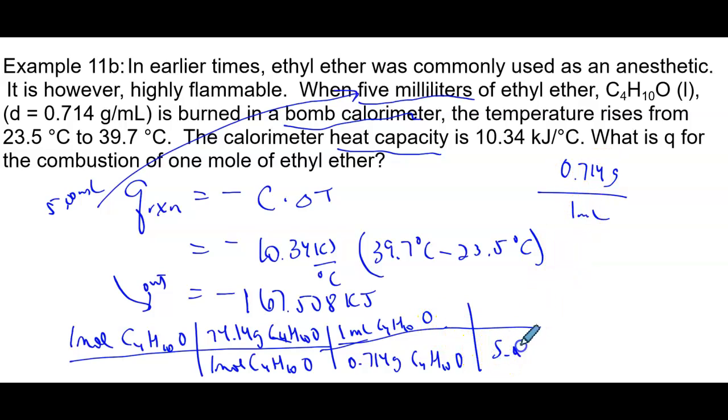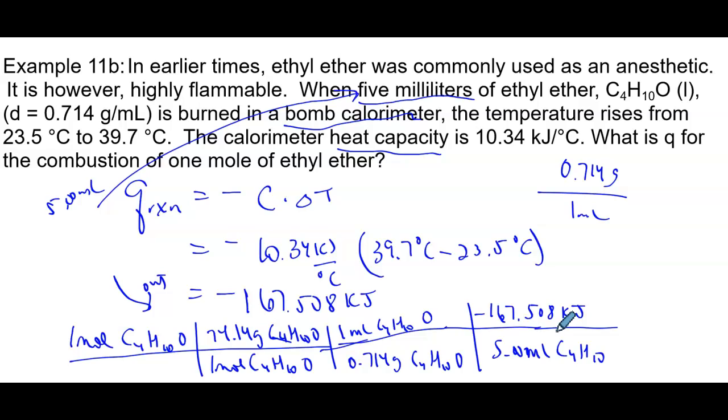So now I can say 5.00 milliliters of C4H10O is equal to what we put out, 167.508 kilojoules. So now we're going to multiply the numbers going across the top and the bottom and divide.